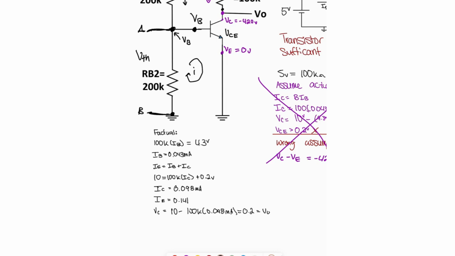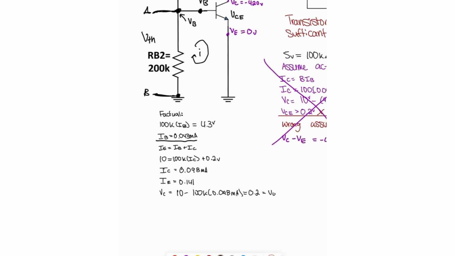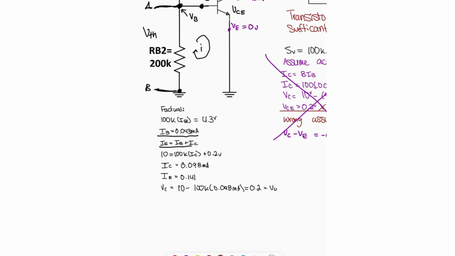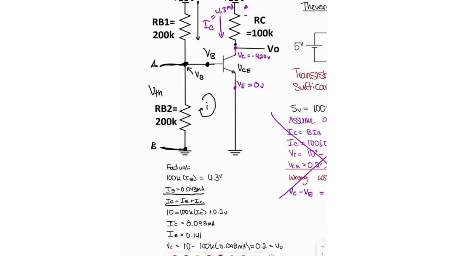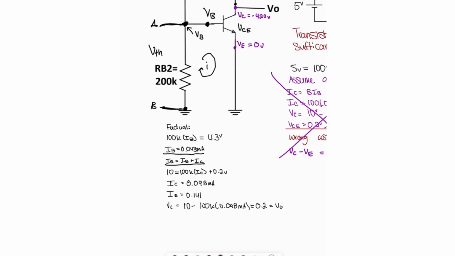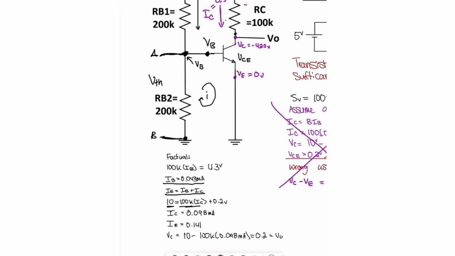So if IB is 0.043 milliamps, like we already calculated, and IE, which is the current in the emitter, is equal to IB plus IC, right? So current in is equal to current out, KCL. Then we can relate these equations. 10 is equal to 100K times IC plus 0.2. So this is going to be this entire loop here. We can take this as 10 volts minus the voltage drop across this 100K ohm resistor multiplied by the IC.